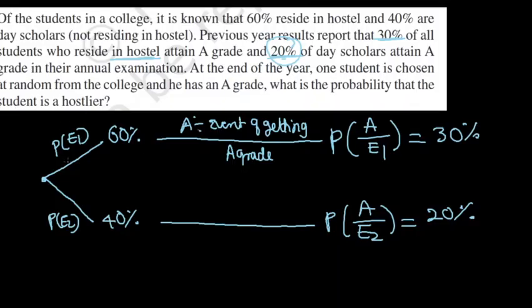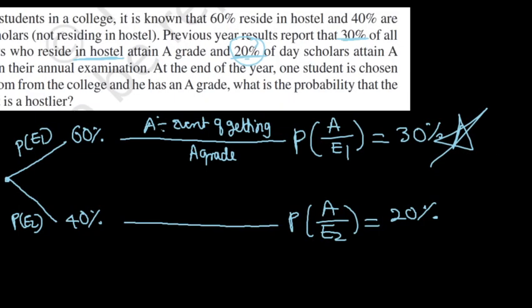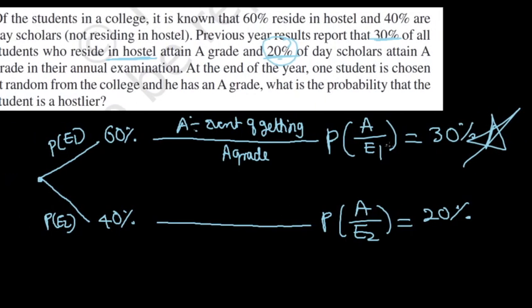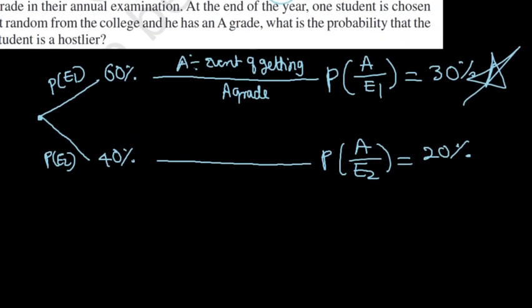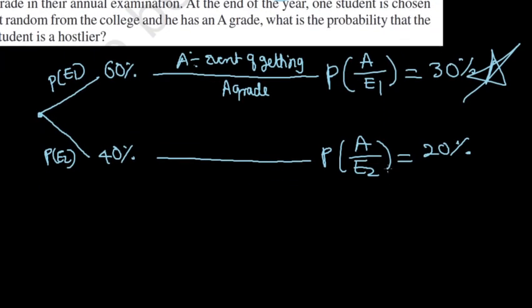So E1 is a hostler, E2 is a day scholar. What is the probability of selecting E1, a hostler who got A grade? Star mark, we have to find this. So P of E1, P of E2, P of A by E1, P of A by E2.